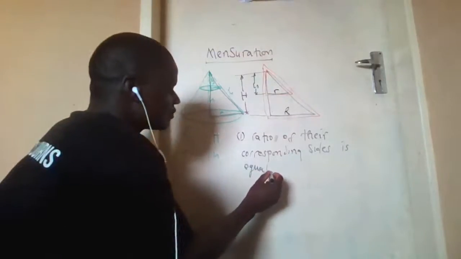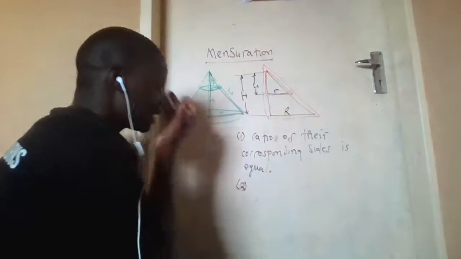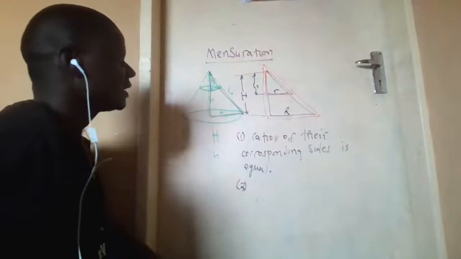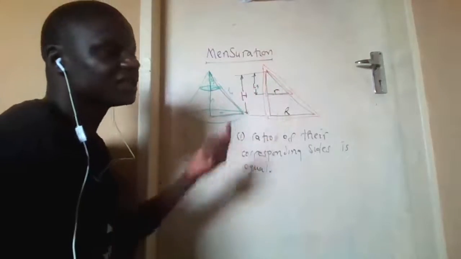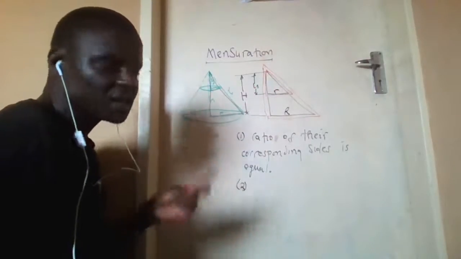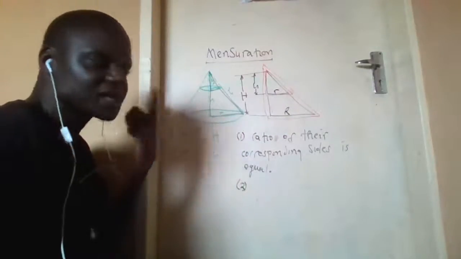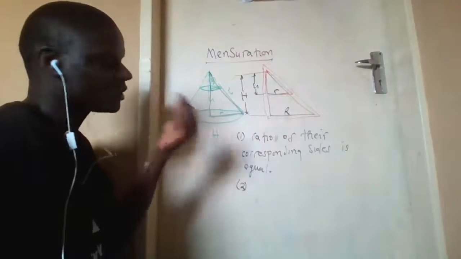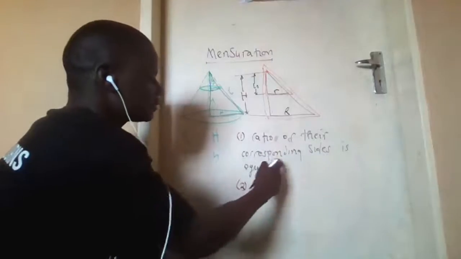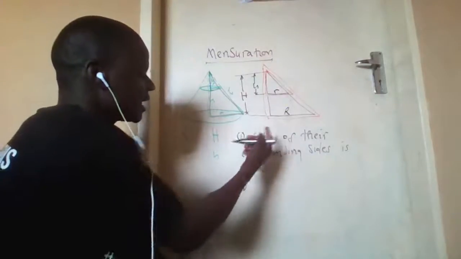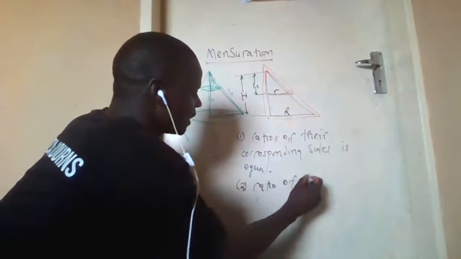Then the other condition that we combine here is that if these shapes are similar, then the ratio of their volumes or the ratio of their surface areas is equal. The distances, my dimensions, may not be the same and cannot always be equal, but we're talking about the ratio. Take note of that.